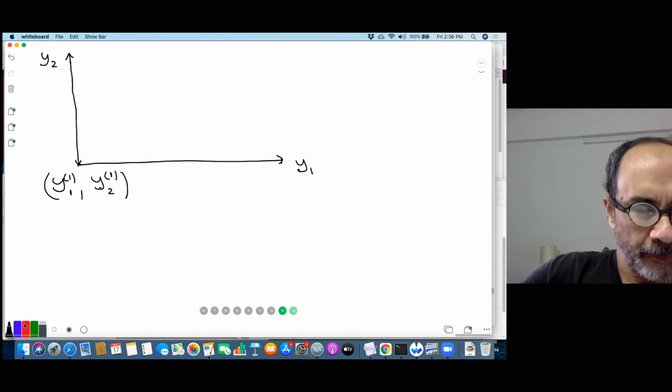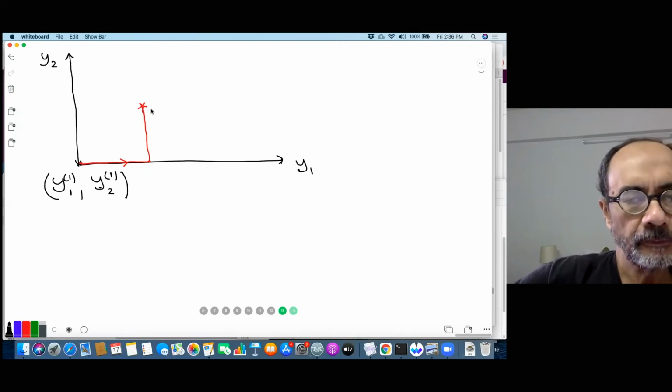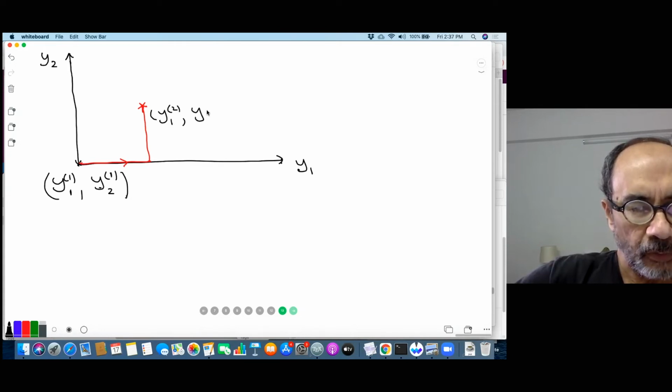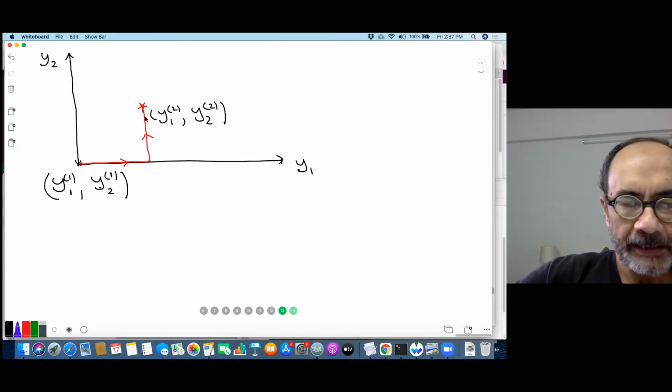Okay. So across B12, first Y1 moves, then Y2 moves. It goes like this, and then it goes like this, reaching some point. Let's call this point Y12, Y22. Now we are going to go to B23.